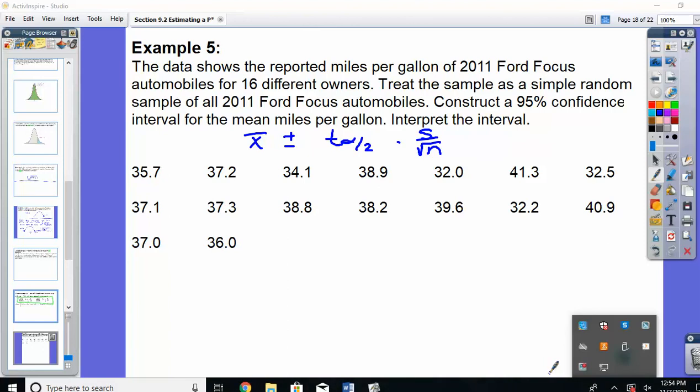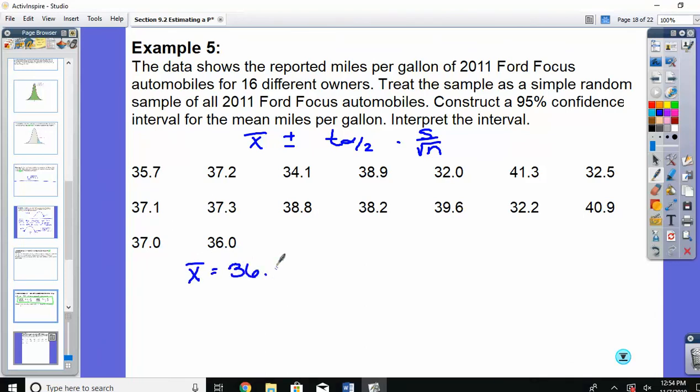If you enter through that screen, it should tell you your X bar and your S. So I got an X bar of 36.8 and a S of 2.917.